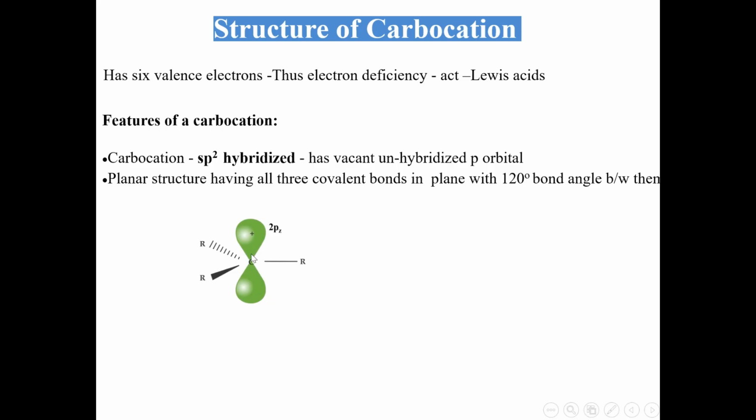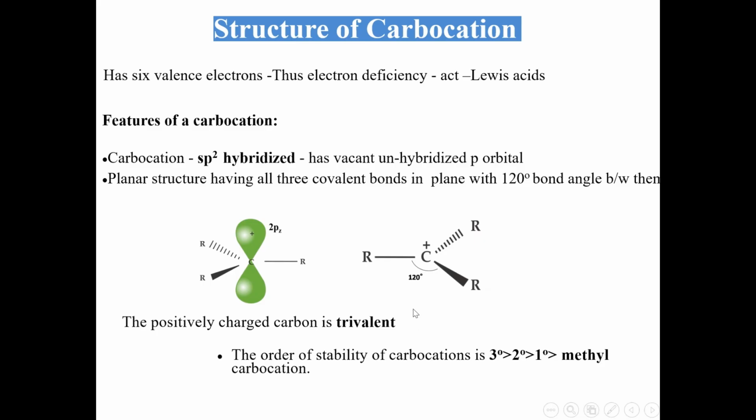Here this is the carbon which is electron deficient, that is the carbocation, and the groups attached to it lie in the same plane, and there is a vacant p orbital here which is perpendicular to the plane of this system. The bond angle between the two R groups is 120 degrees.